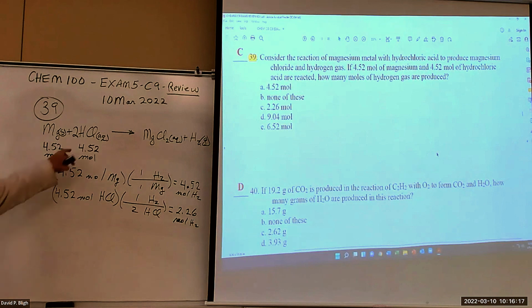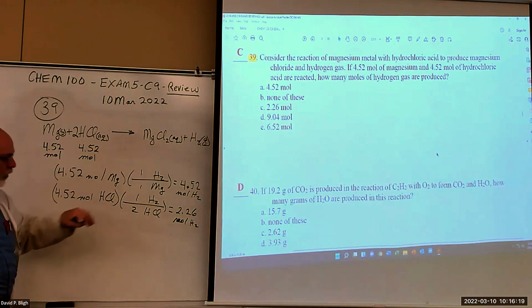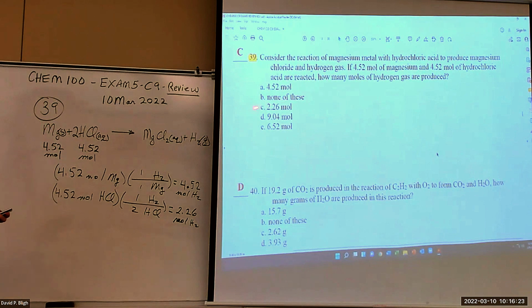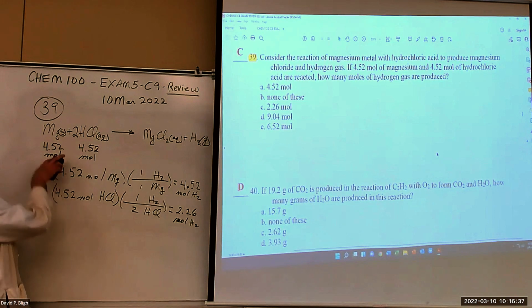So the limiting reactant is hydrochloric acid, and it only produces 2.26 moles of hydrogen. I broke my own rule. I said, don't make it more complex than it has to be. And I immediately started to make it more complex. It's already in moles.